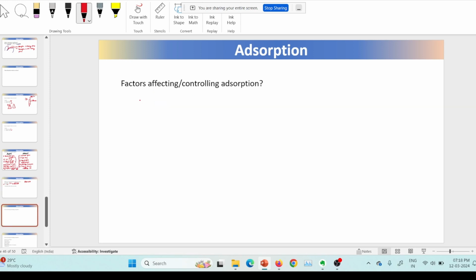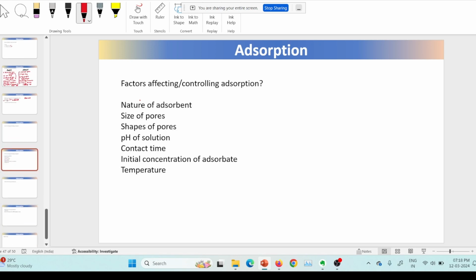Factors affecting or controlling adsorption. One is the nature of the adsorbent. What is the size of the pore? We studied three types of pores; in these three categories, which pores are maximum in an adsorbent matters.